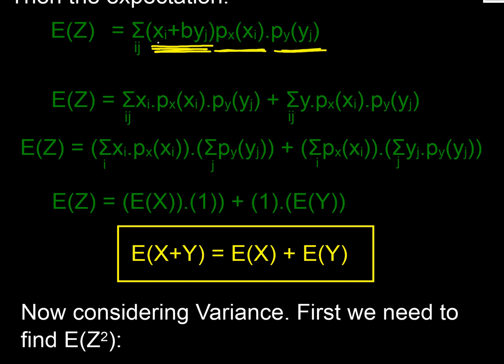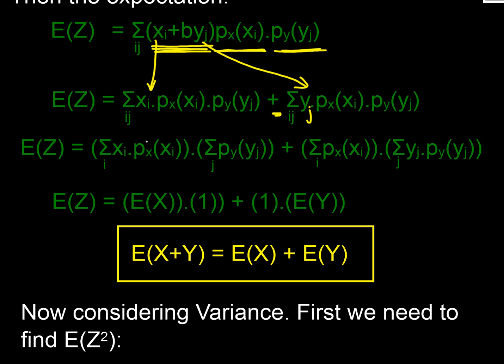One term is what happens with our xi. There's our xi. And the other term is what happens with our yj. There we go. And they're going to be added together.